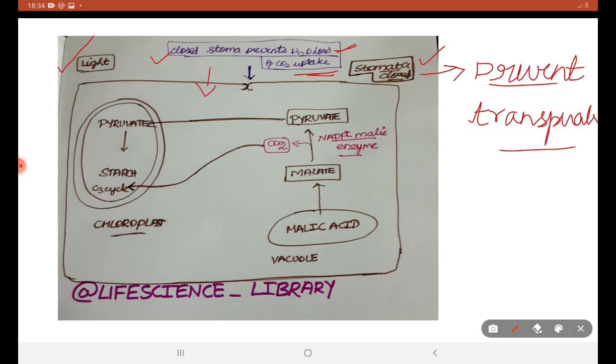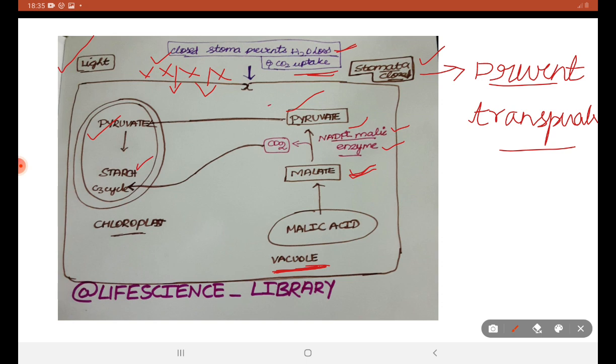Carbon dioxide will not enter into the cytosol of mesophyll cells. Here malic acid, which was already produced during dark time, is stored in the vacuole. This malic acid is converted into malate. Malate is transported to the cytosol and is decarboxylated by NADP plus malic enzyme to form pyruvate. Pyruvate is transported into chloroplast and forms starch.